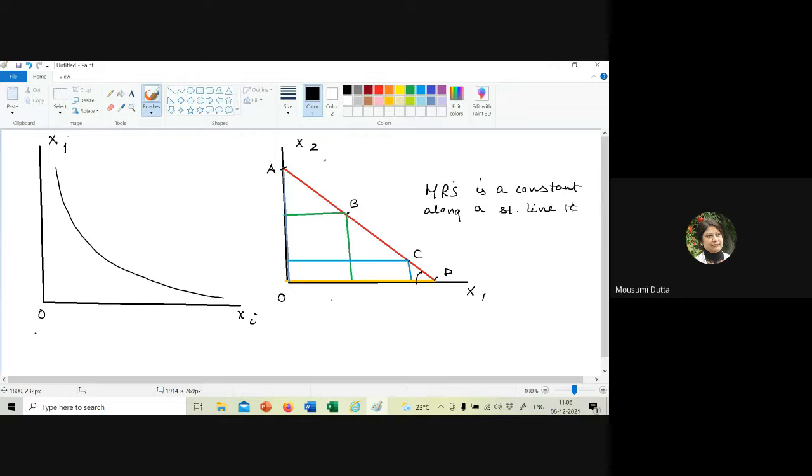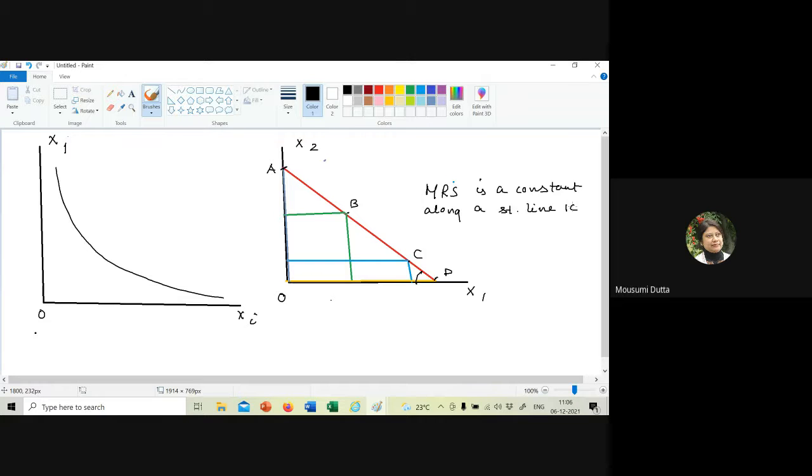And for that matter, I can perfectly substitute one commodity by the other. So I can be at points like A and D. At point A, I am consuming no amount of X1. At point D, I am consuming no amount of X2. Still, I am lying on the same indifference curve.